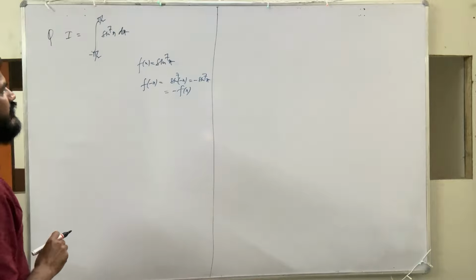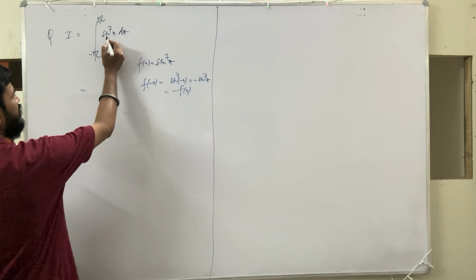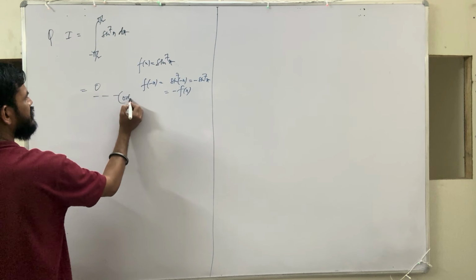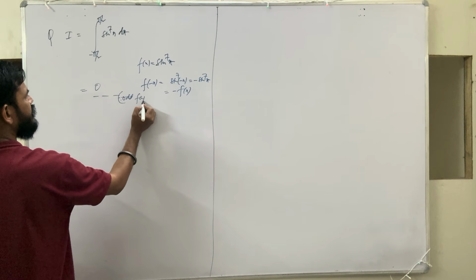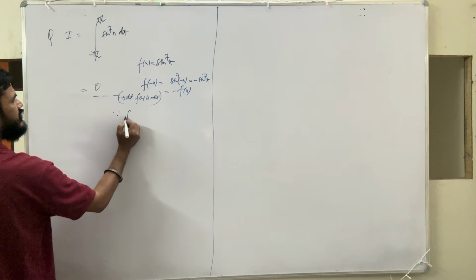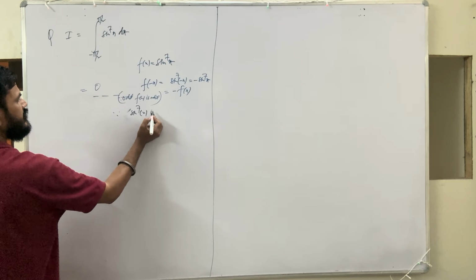So if it is minus of f(x), it is an odd function, and if the function is odd, the integral will be 0. So you can directly write since f(x) is odd, or you can write since sine to the power 7x is odd.